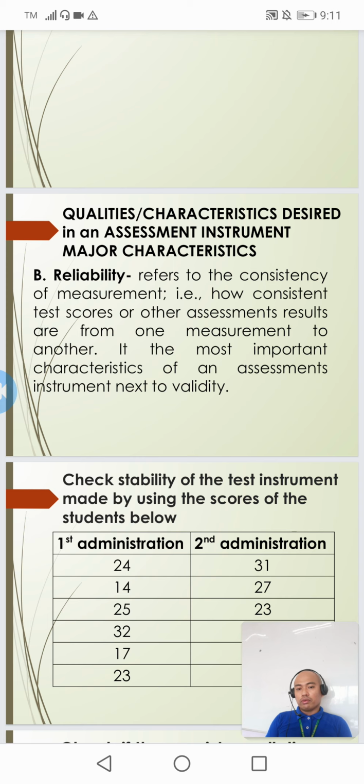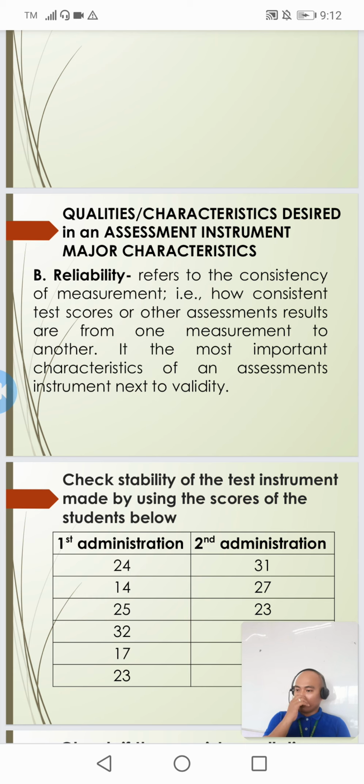Kasi yung multiple raters may cause inconsistency. Kung sino yung nag-rate dito sa product na ito, iba dito sa nag-rate ng product na ito. So ang possibility, magiging inconsistent yung rating ng isang product. Okay? So that is also another reason kung bakit nagkakaroon ng dissimilar test results on a particular exam.